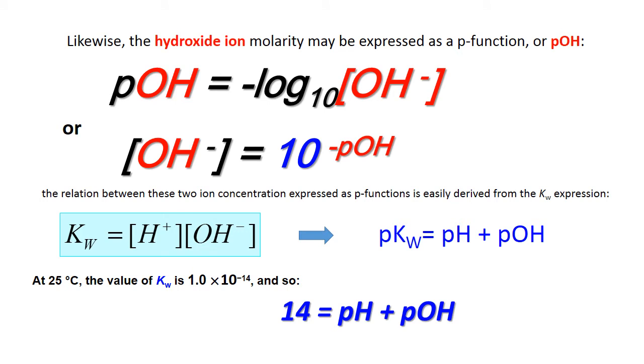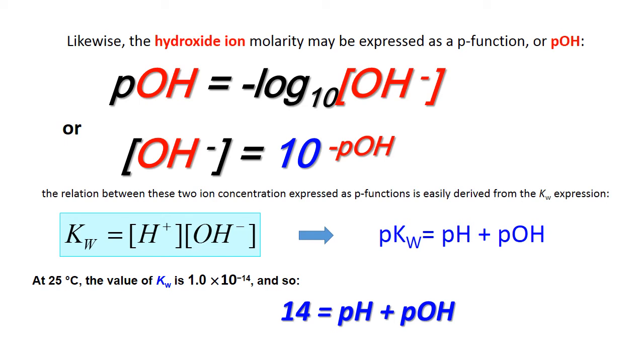Likewise, hydroxide ion molarity may be expressed as P function, pOH. pOH is negative decimal log of hydroxide molarity. Same way as with H plus, molarity of OH minus is 10 to the power minus pOH.